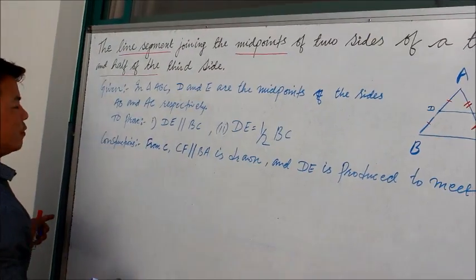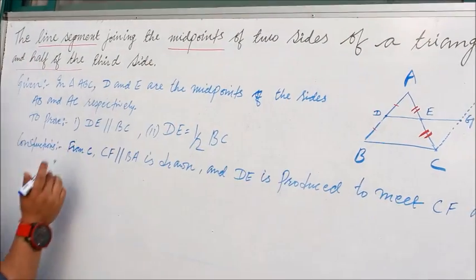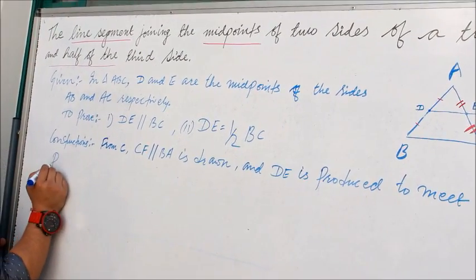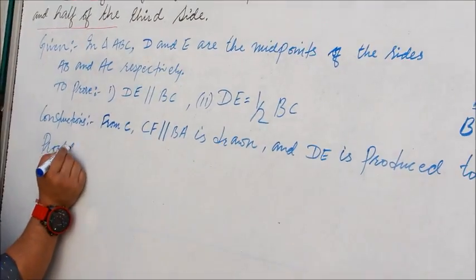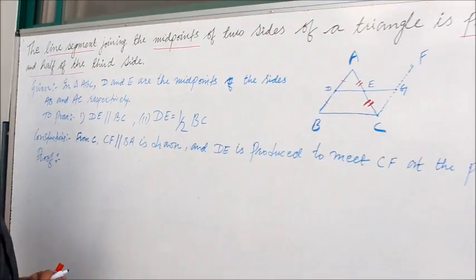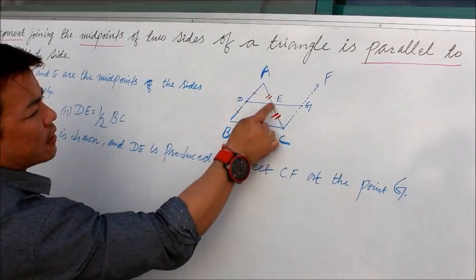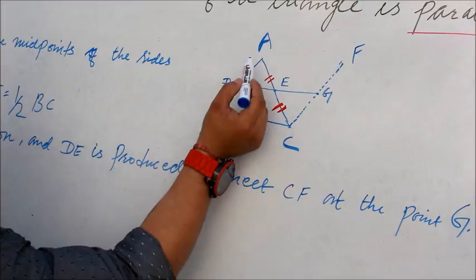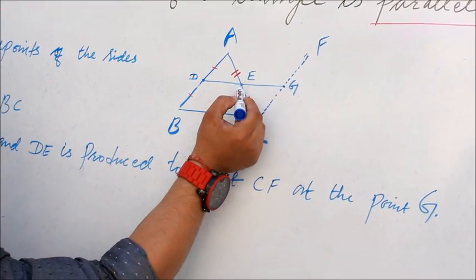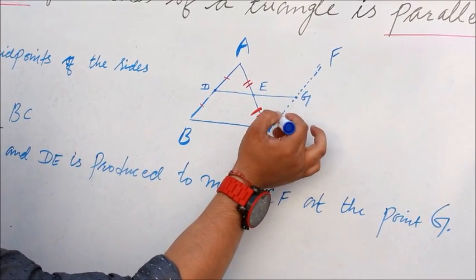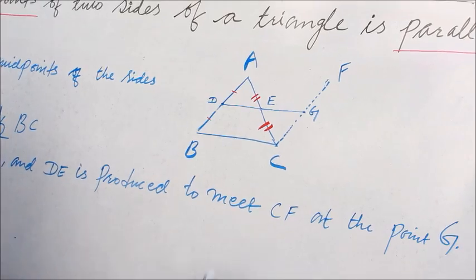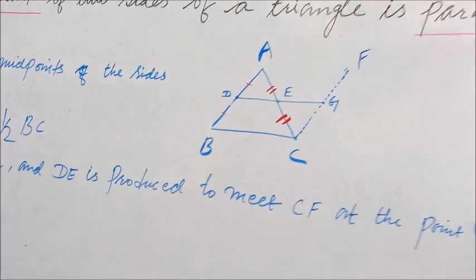Now we have to prove what is given. Now the proof. You have to take two triangles from here. This triangle and this triangle. Triangle ADE and triangle EGC.